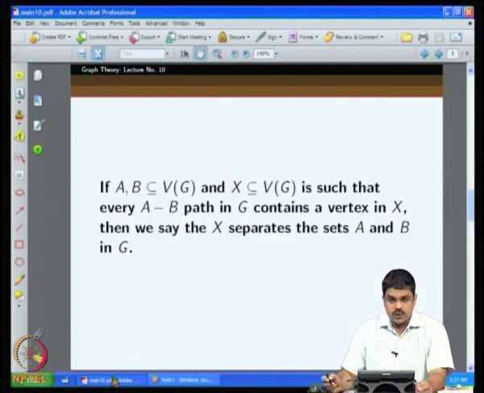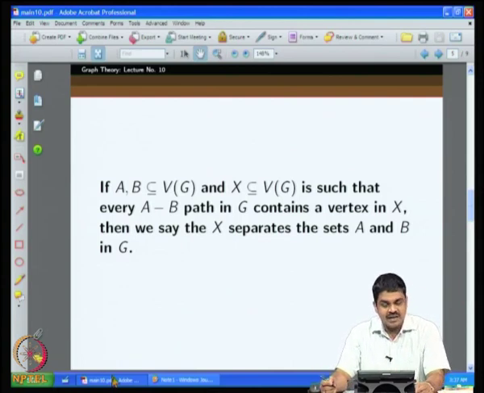So here is another concept. Given A, B, like earlier, I am not assuming that A and B are disjoint or anything.